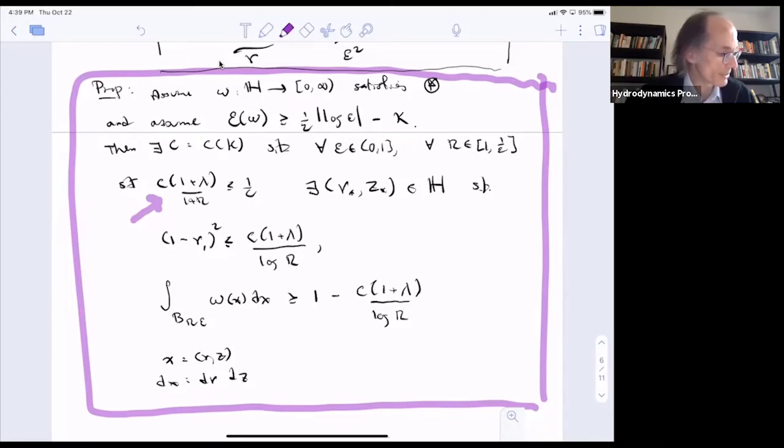Then what happens? So this is a small ball. This is a ball of radius square root of epsilon. And this log R is of order log 1 over epsilon, a rather large number. And so this says that all but 1 over log epsilon, basically a constant over log epsilon, of the vorticity is concentrated in a ball of radius square root of epsilon around this point x star.